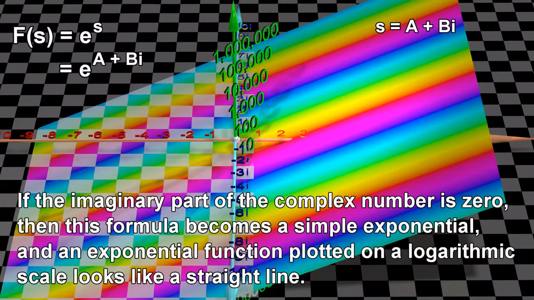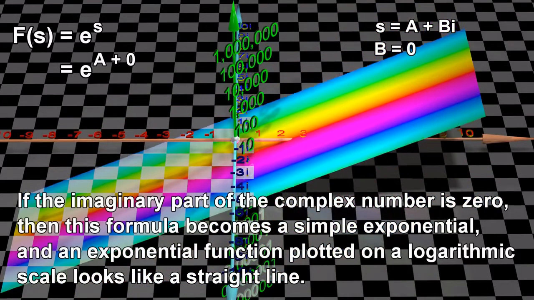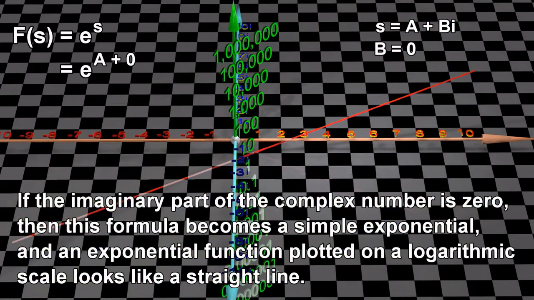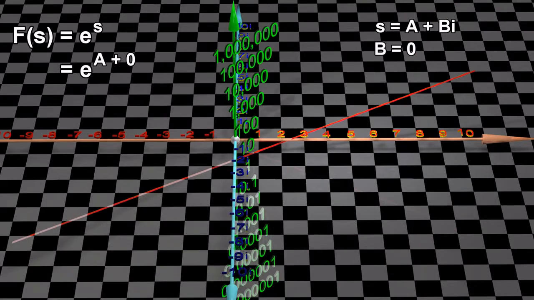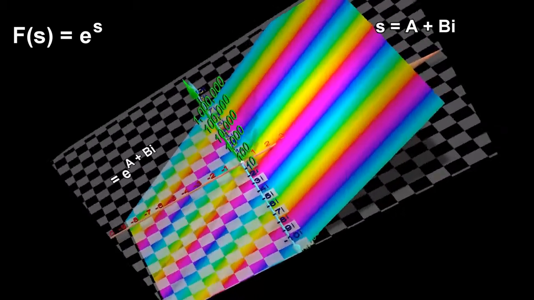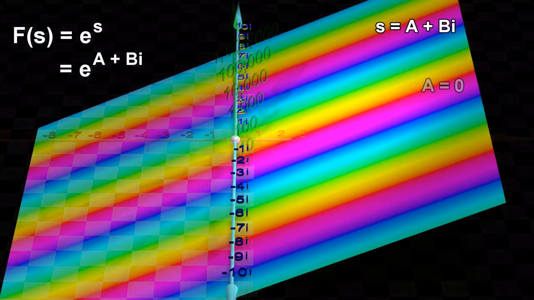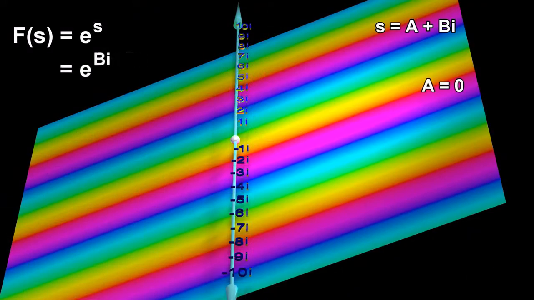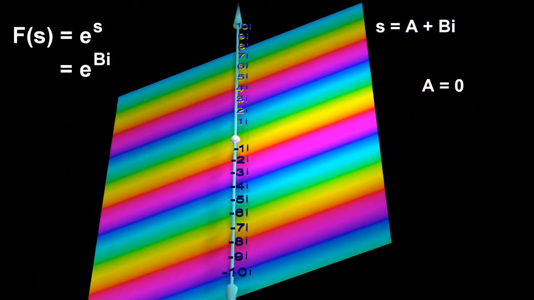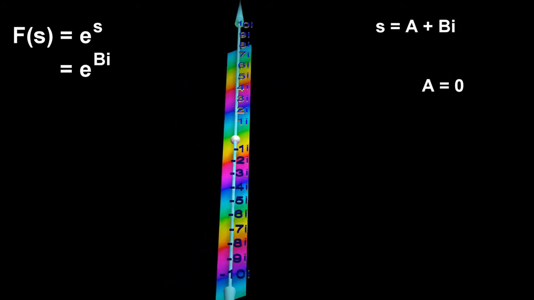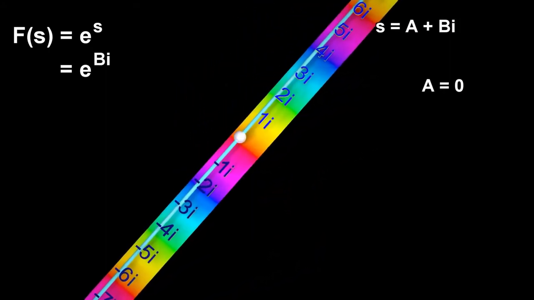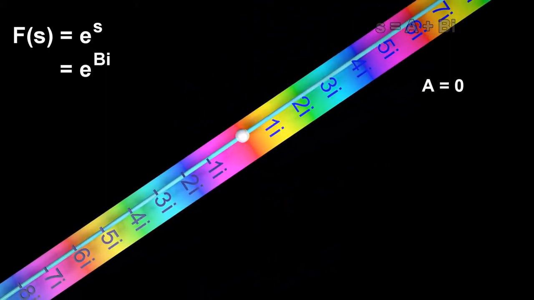And an exponential function plotted on a logarithmic scale looks like a straight line. On the other hand, if the real part of the complex number is 0, then we get this result, where the magnitude of the function is always exactly equal to 1, and it is only the phase of the output that changes.